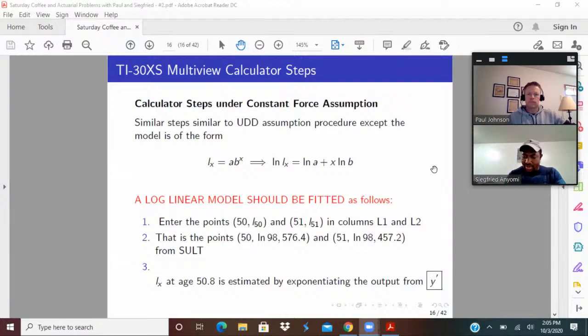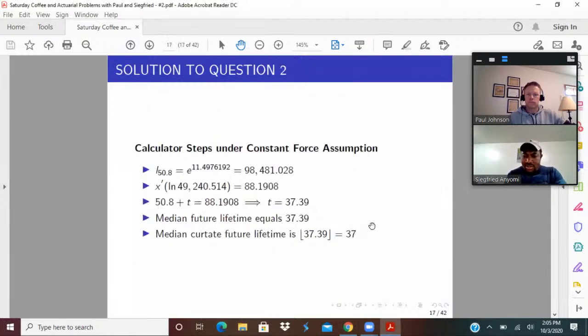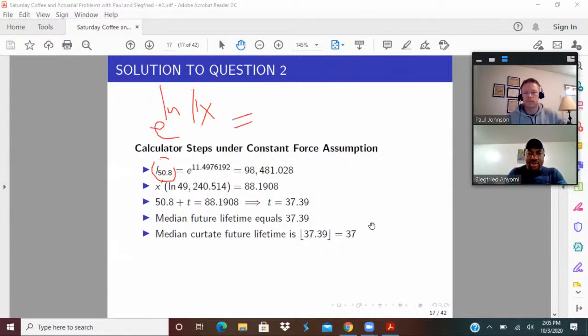All right, here's what I was talking about. Because we did take the natural logarithm of the LX, in order to come up with a true value of L sub 50.8, all we need to do is exponentiate the log of Lx. And since we know that e to the log of Lx is basically just going to give us L sub x. I'm not sure why my screen is goofy today.